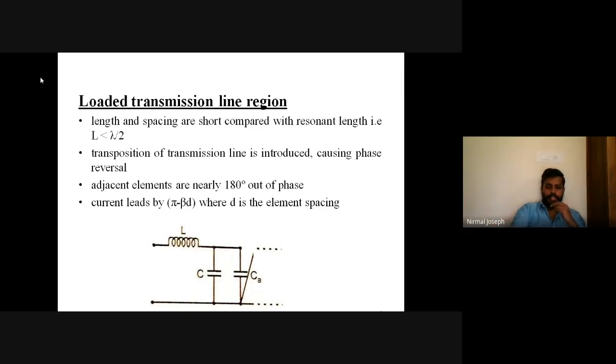So we can say that the equivalent circuit can be written like this. The CA represents the transposition of transmission line. So one additional capacitance will also be there. Then what will be the effect of two capacitances connected in parallel?